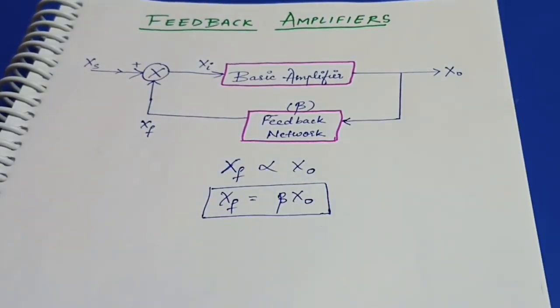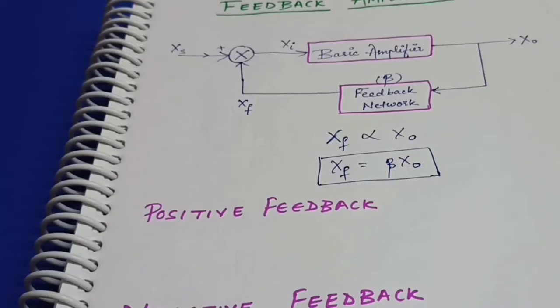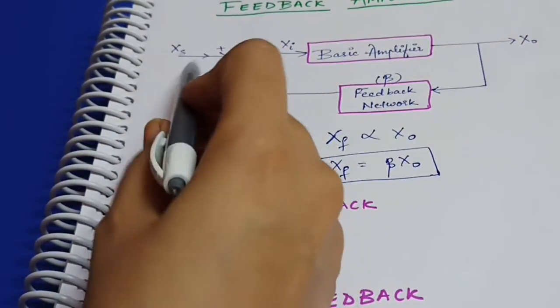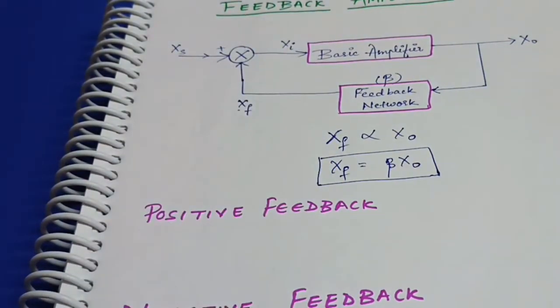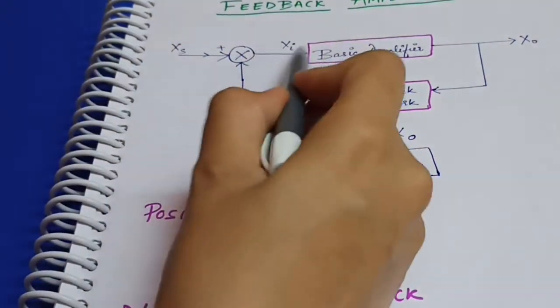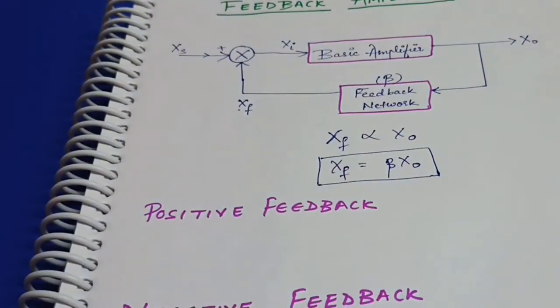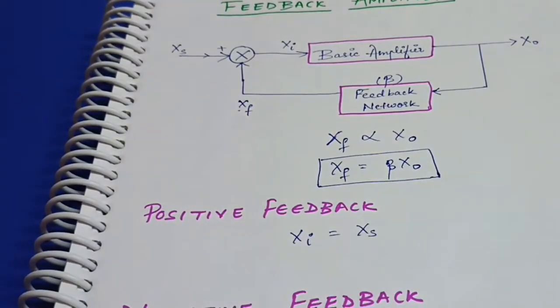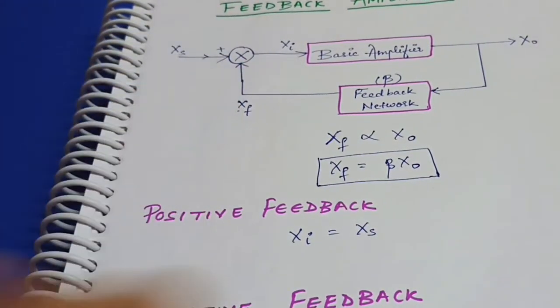Now there are two types of feedback. One is positive feedback and the other one is negative feedback. Let's discuss these in detail. So guys, if this feedback signal XF is added with the input signal, then we can say that it is positive feedback. Here, this Xi, which is going to the input of the basic amplifier, should be the sum of the main input signal and the feedback signal.